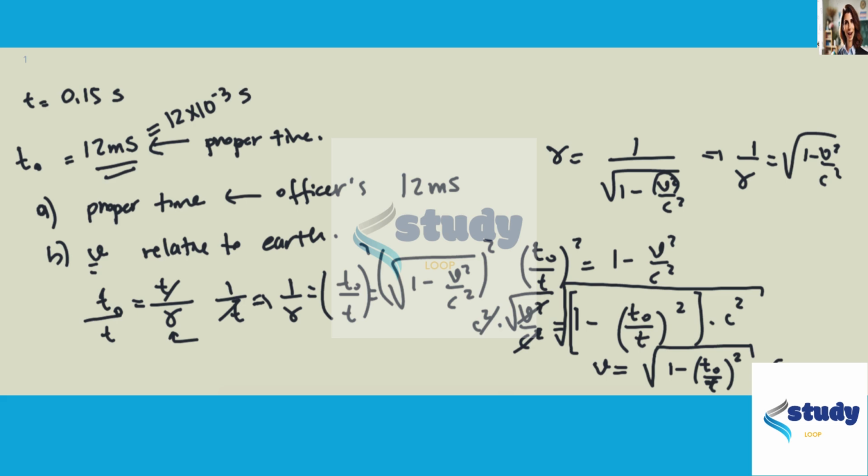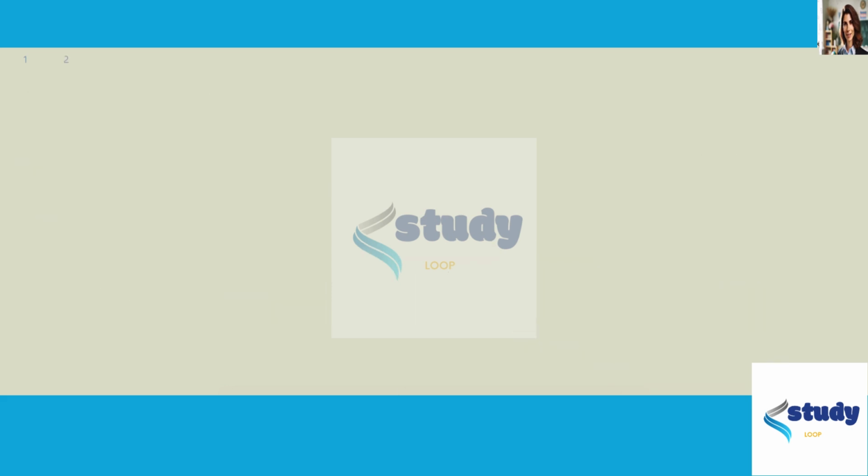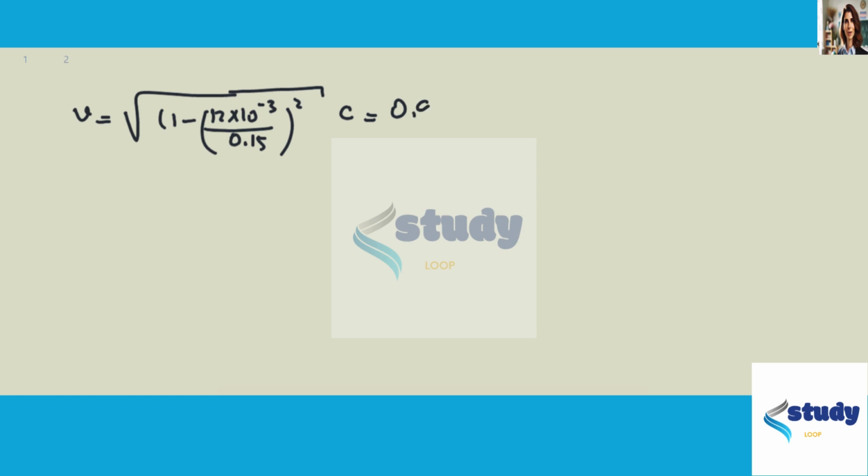And then for t, if you use 0.15, then v equals the square root of 1 minus 12 times 10 to the power of negative 3 divided by 0.15, squared, times c. Then we have 0.997 c for the velocity of the spacecraft relative to the Earth.